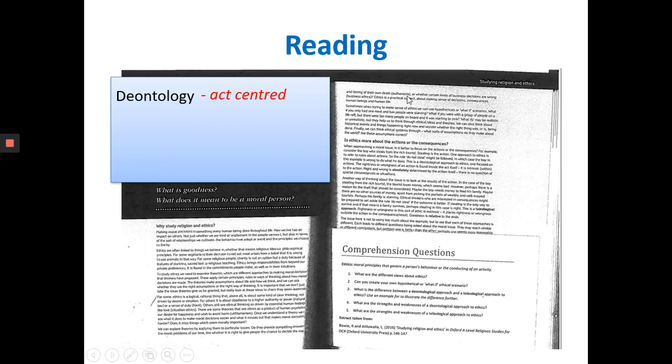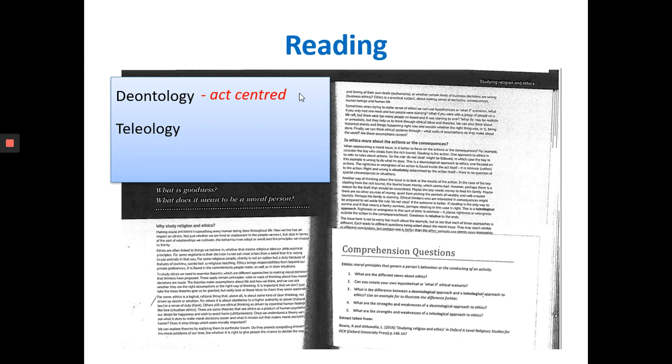So a deontologist generally is described as being quite clear cut in what their values are. So perhaps the dilemma for the Joker social experiment wouldn't be that difficult because it would be wrong to press the detonator because it is wrong to take someone's life. So even if the situation is really complicated, a deontologist would say, what is the action that I'm being asked to do? And if the action itself is bad, then I'm not going to do it.